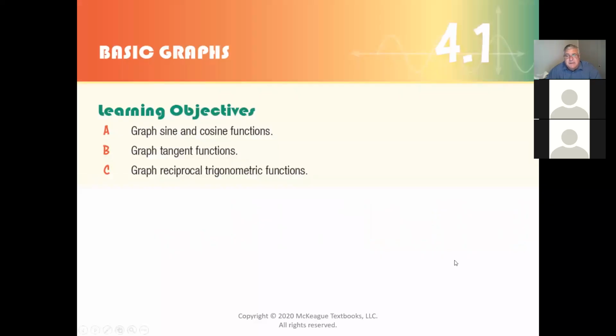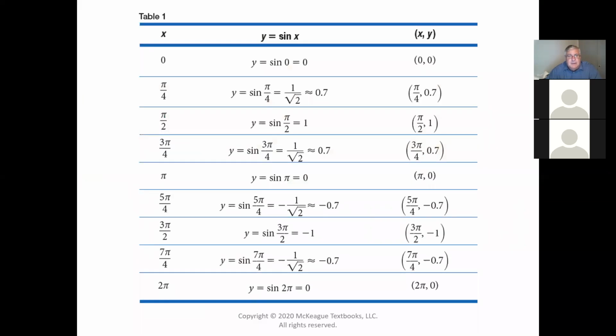All right, so section 4.1, we are going to learn how to graph our trigonometric functions, okay? Now, here is a table, ladies and gentlemen, that has input values for X in the first column. And all of these values are not in degrees, but they're all in radians, notice.